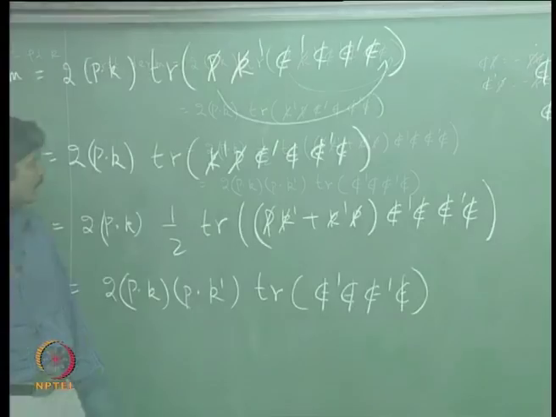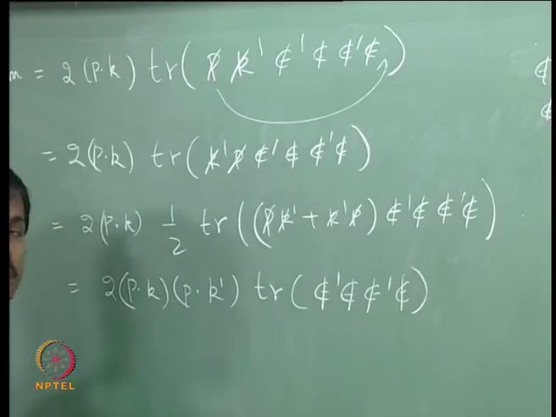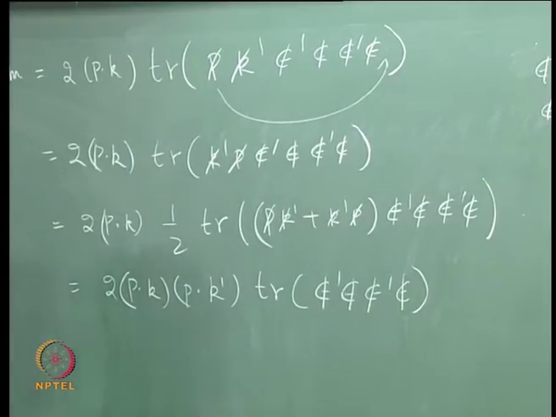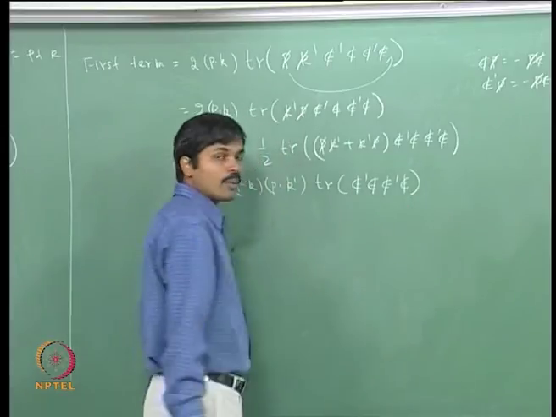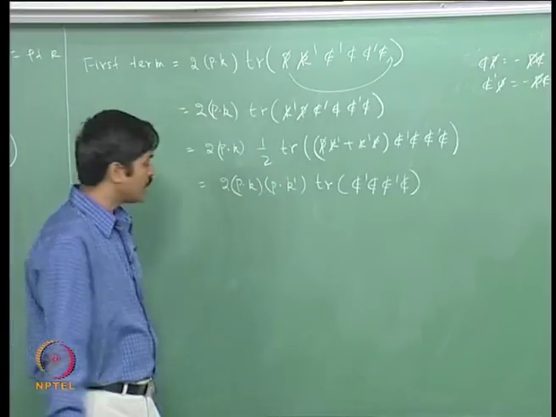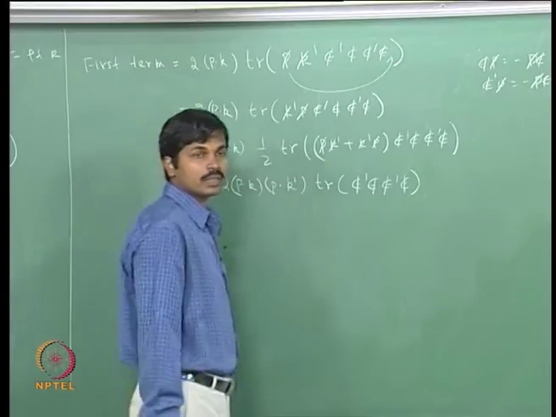All right. Now, I need to evaluate the trace of this, but anything which contains 4 gamma matrices, it is very easy to evaluate the trace. Okay.